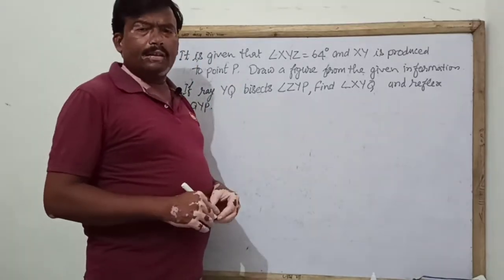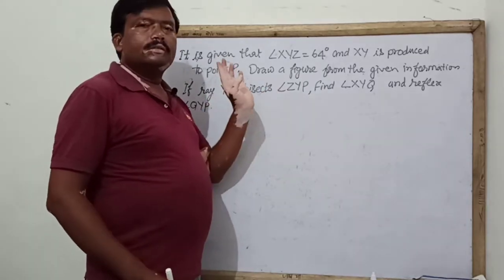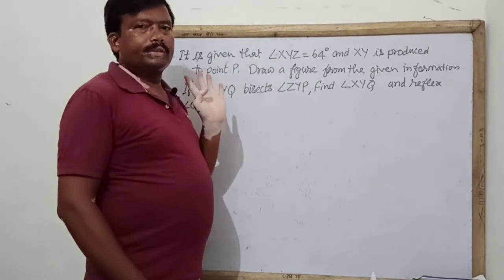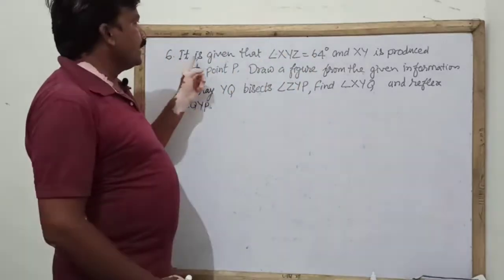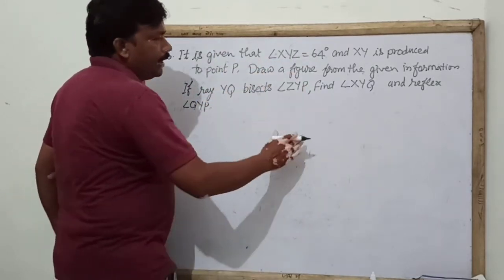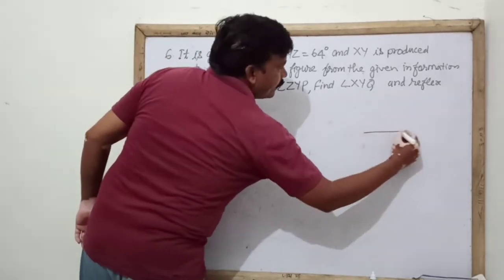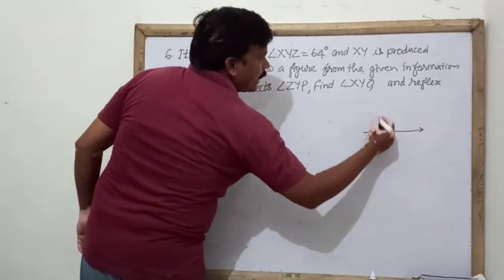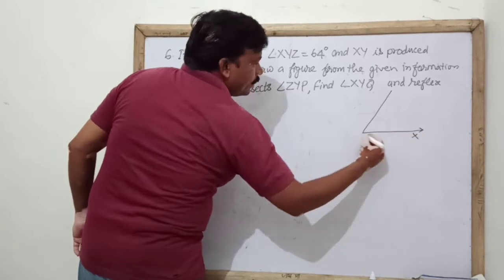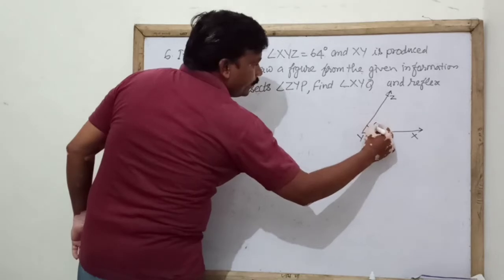So now first of all we have to draw the figure from this given information. It is given that angle XYZ equals 64 degrees. Draw angle XYZ with X, Y and Z. This angle is 64 degrees.